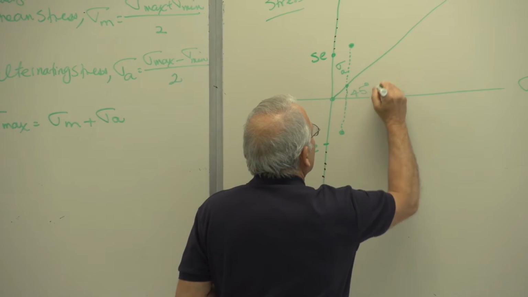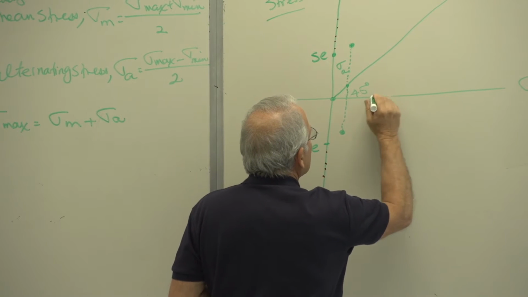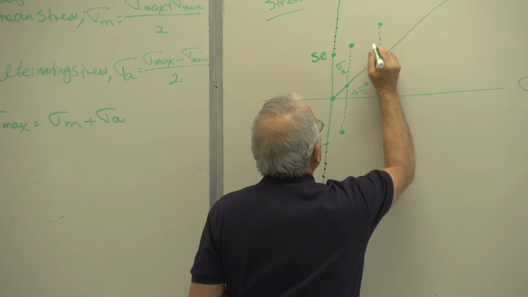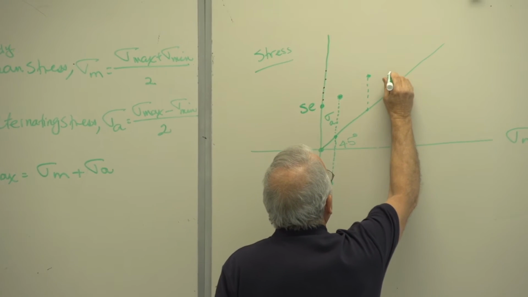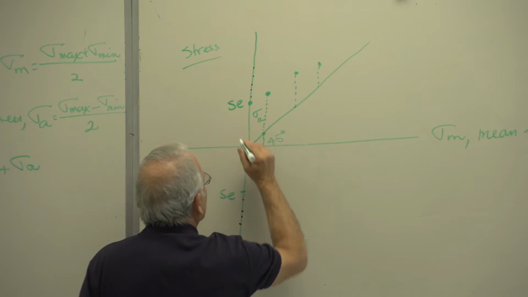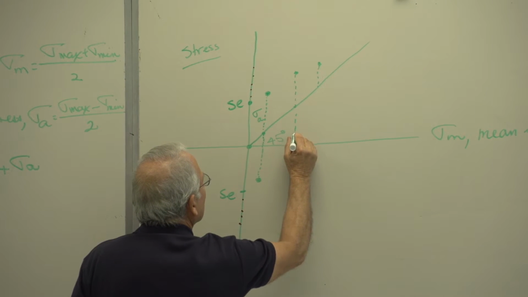I increase sigma m a little bit more, let's say over here, this has to be smaller, and a little bit over there, smaller yet, and so on. The same thing is true down in here.